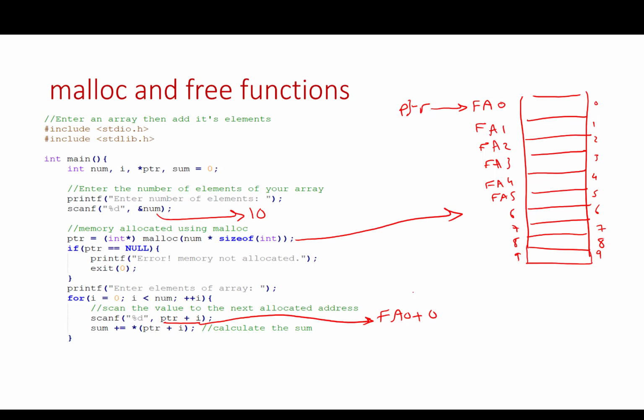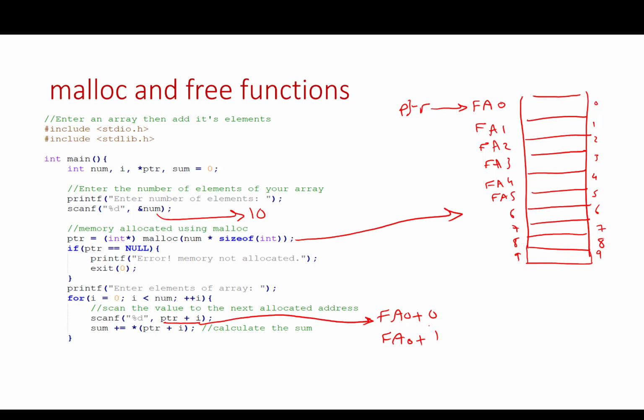Okay. What I'm going to do, I'm actually scanning from the user a number, and we'll put it in this address. Can you see how the program is going? Okay. And then the next step, what is the next step? The next step, actually, you will have FA0 plus 1, right?